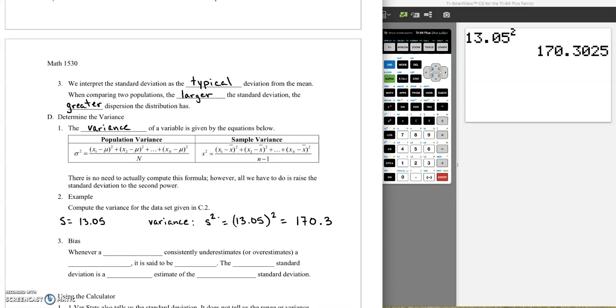So the symbols for variance even tell you how to calculate it, because the symbols are the same as the symbols for standard deviation, except with an exponent of 2. One thing I should mention about standard deviation and variance is neither one is resistant.